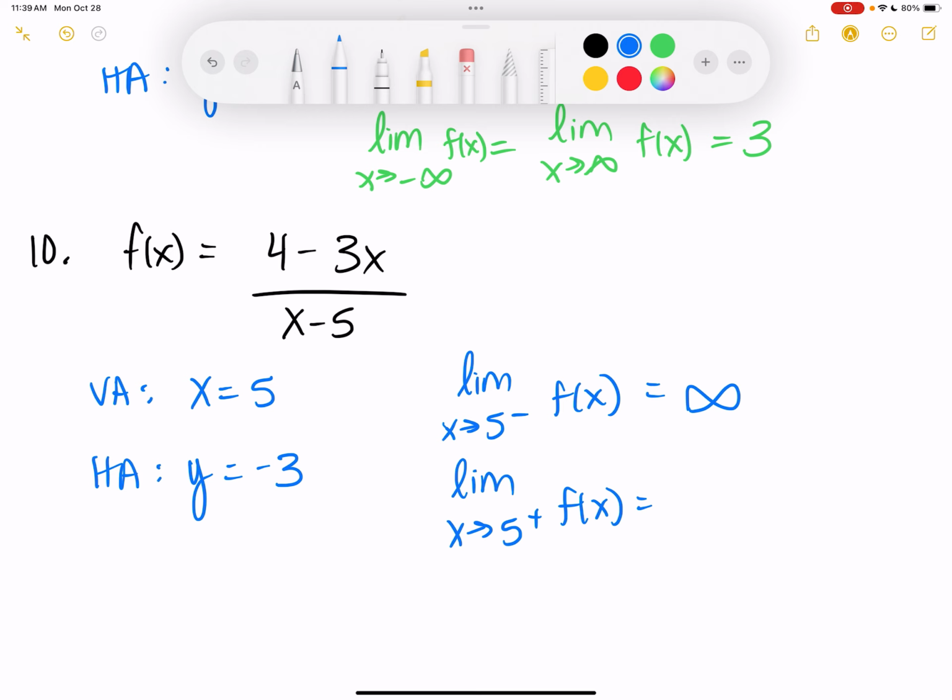Five from the right, so that would be something like 5.0001. Where's that one going? Negative infinity.